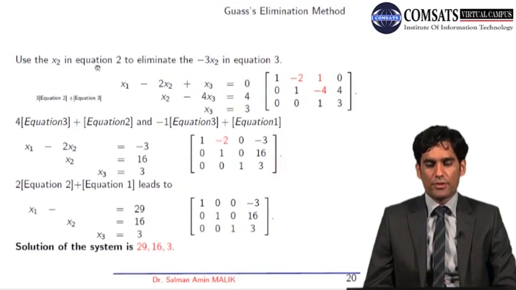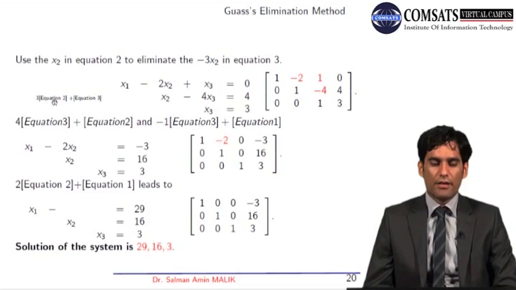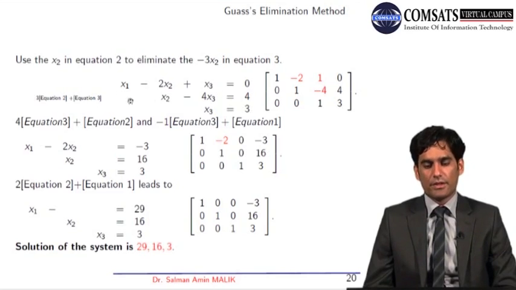What we have to do next? Use the x2 in equation 2 to eliminate the minus 3x2 in equation 3. Of course, we have to multiply equation 2 by 3 and add to equation 3, and we have this solution.